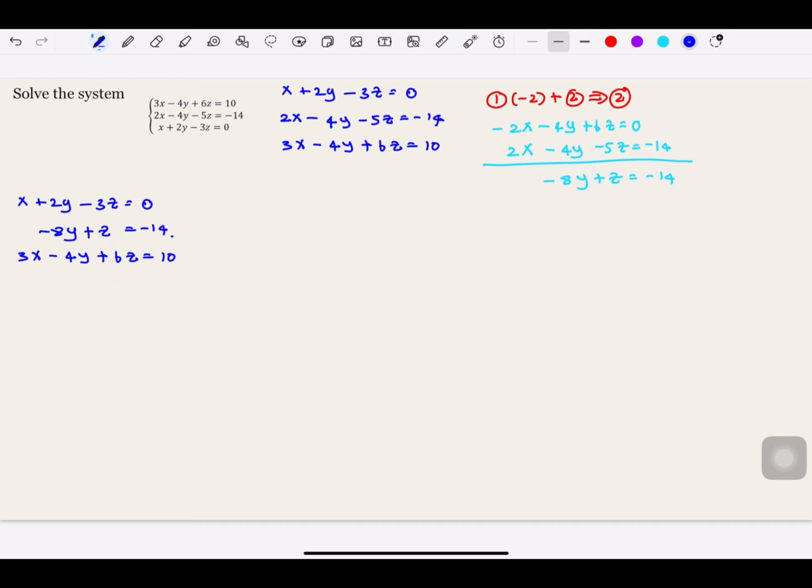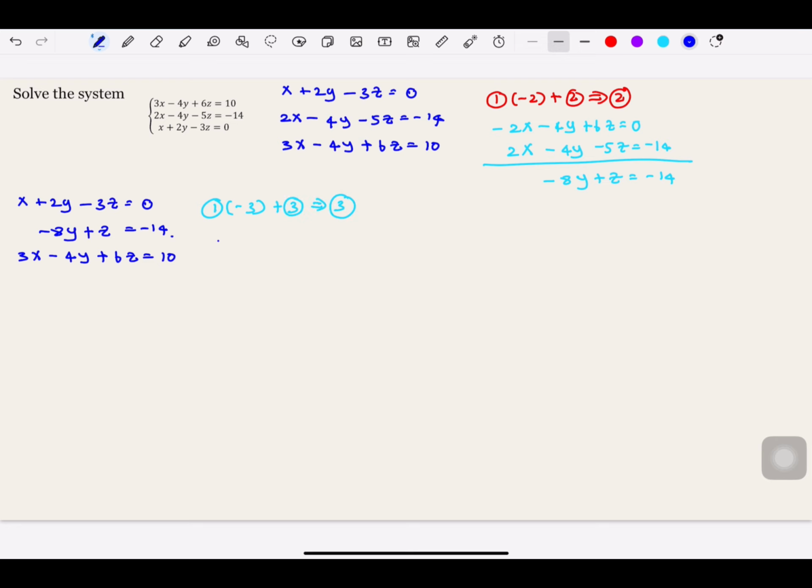So to eliminate x from the third equation, you have to multiply the first equation by negative 3, and you have to add it into equation 3, and you have to replace equation number 3.